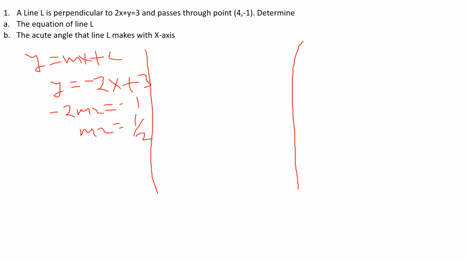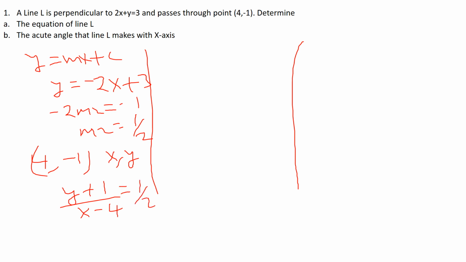So now we can get the equation of the second line by taking that point, which is 4 and negative 1, and then another one which is unknown, x and y. So in this case we shall have y minus negative 1, which becomes a positive 1, divided by x minus 4, which is equal to half.